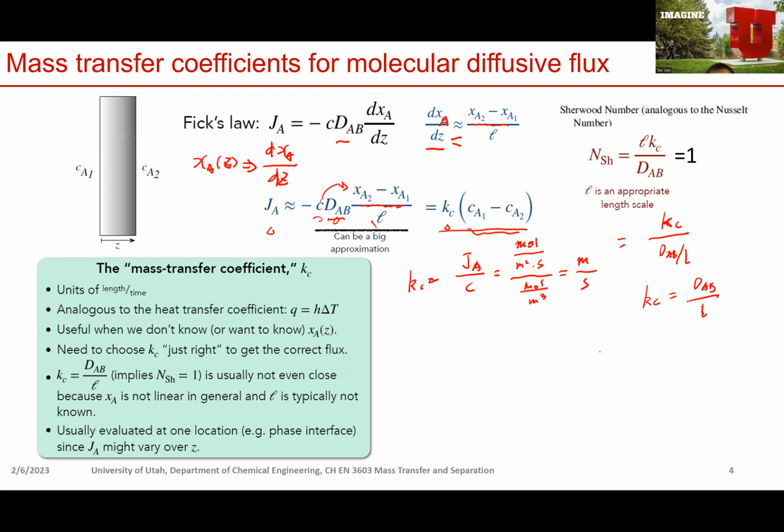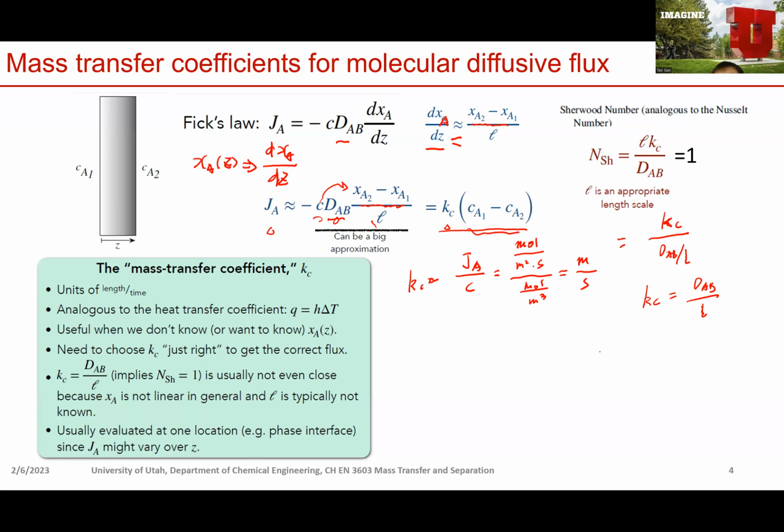And this equation is analogous to the heat transfer equation. This is useful if we don't know, or don't want to know, the mole fraction xA as a function of Z. Basically, how well we can compute the flux really depends on how good a mass transfer coefficient we get.